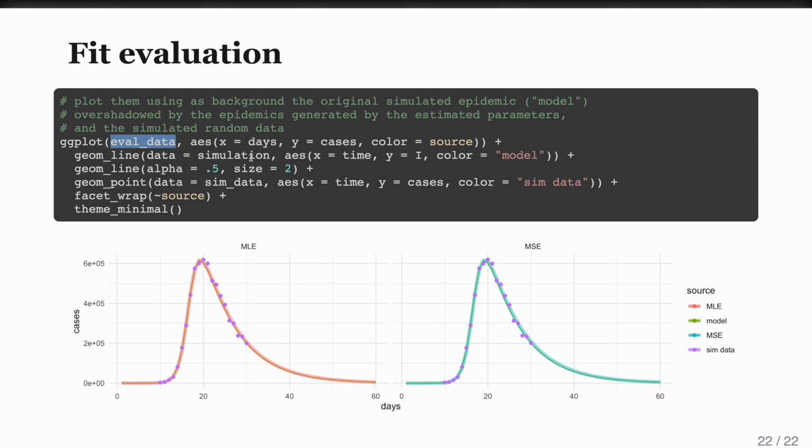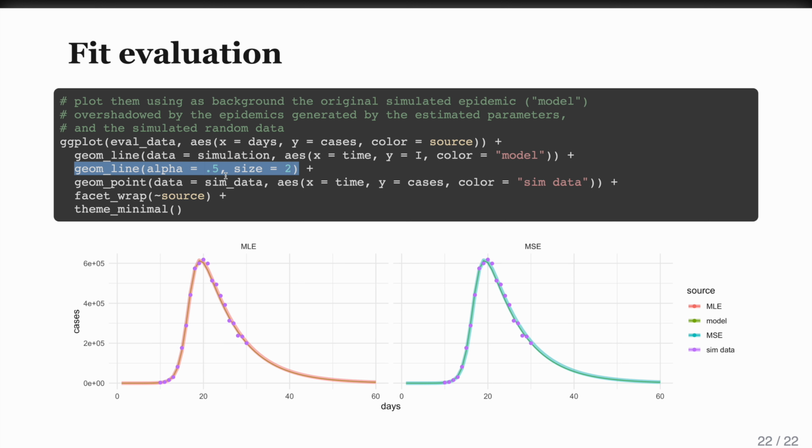We use the original simulation data as ground truth, which we plot as a single thin line behind the new estimated data. In real life, we don't have this, of course; with real epidemic data, it's unknown. Then we add the lines estimated through MLE and MSE.